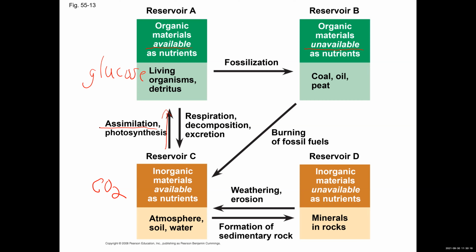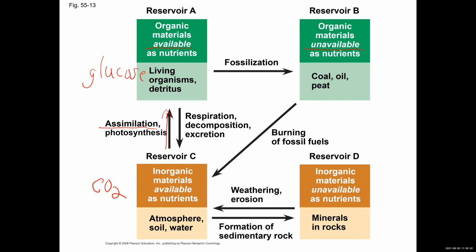So the process of fossilization for organic molecules is going to, with pressure and with time, convert them from these ring forms into more straight chain molecules. And these are the things that we consider fossil fuels.